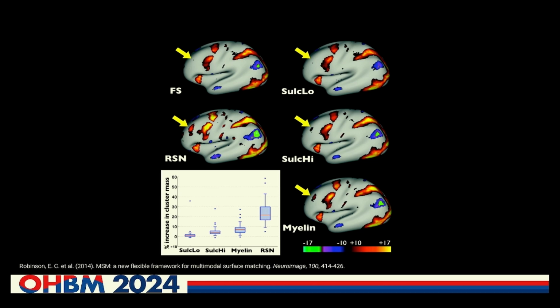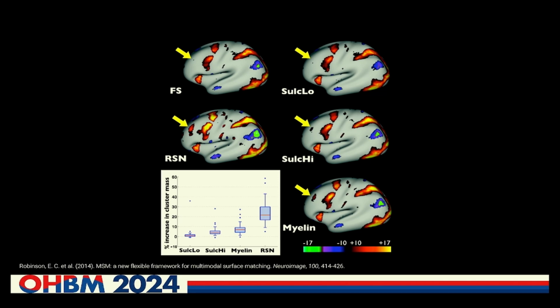If we then drive registration with something called the T1/T2 ratio, or myelin in this case, we can see that we do a slightly better job of aligning parts in the frontal lobe here, which are the frontal and the posterior eye fields. If we then use, I think it's 26 resting state networks, so we're trying to align 26 different modalities rather than just one, we get much better overlap.